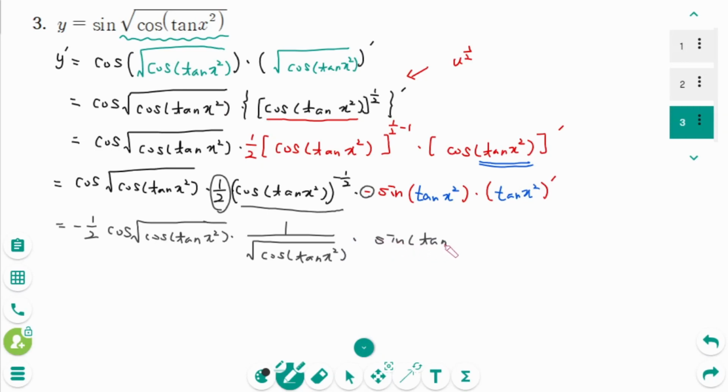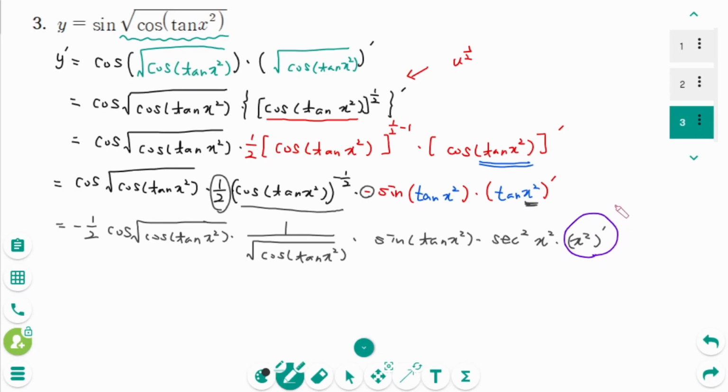sine of tangent x squared times, now x squared equals u, so tangent u prime equals secant squared u times u prime.